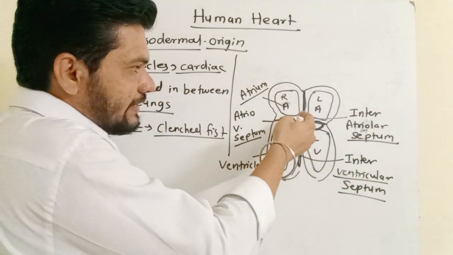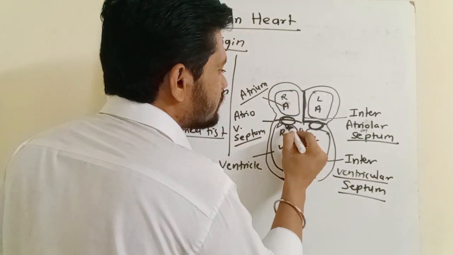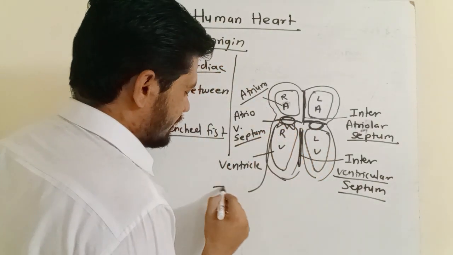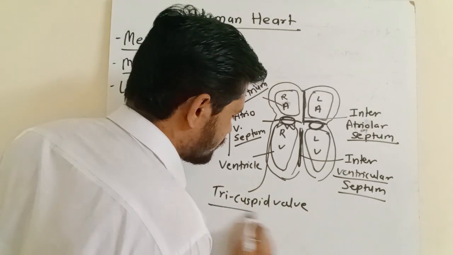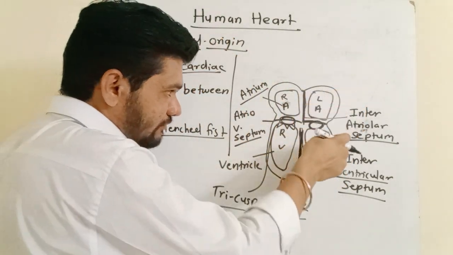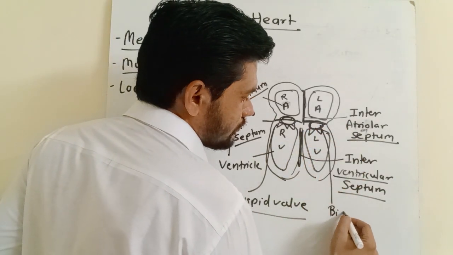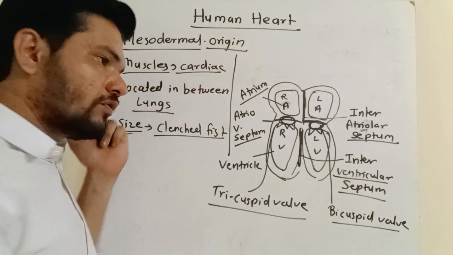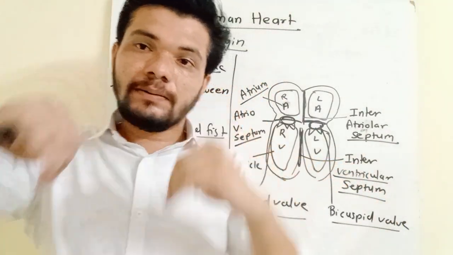So the valve present between the right atrium and right ventricle is called the tricuspid valve, and the valve present between the left atrium and left ventricle is called the bicuspid valve, which has only two flap-like structures or cusps.